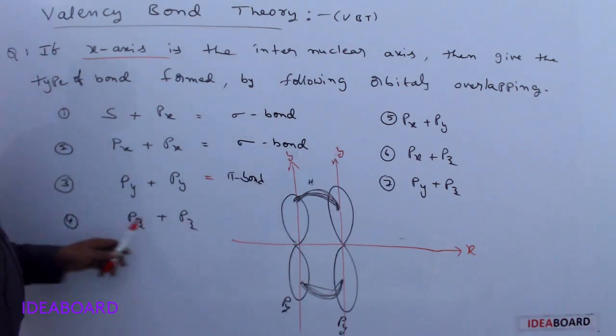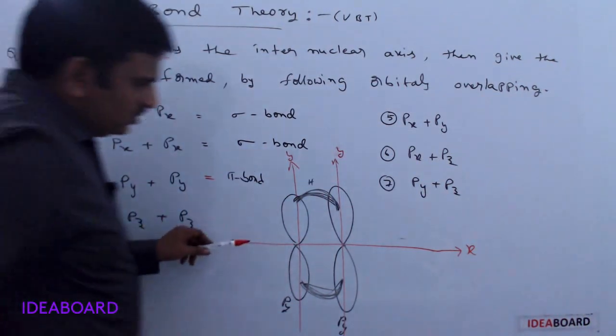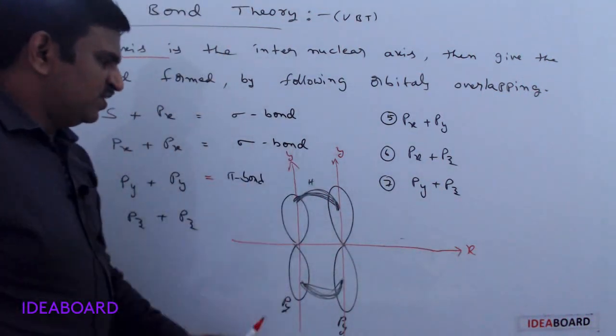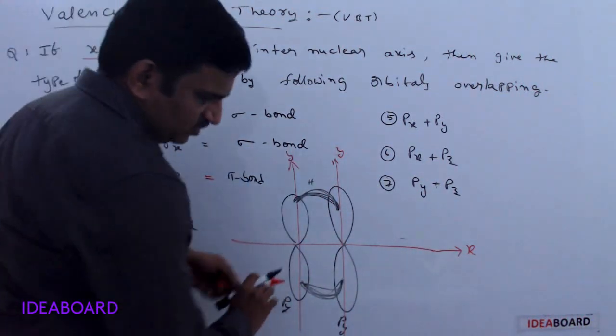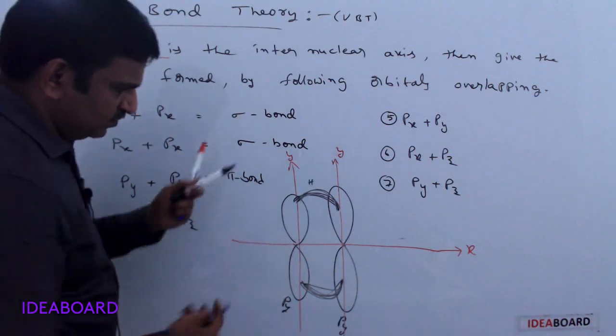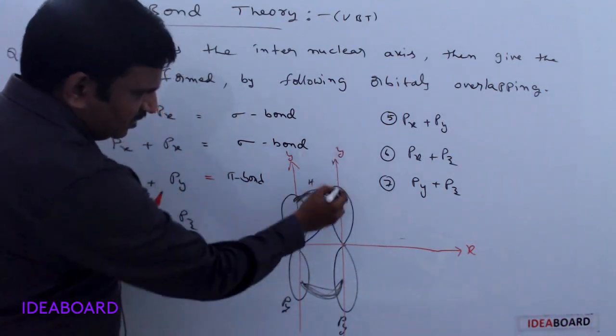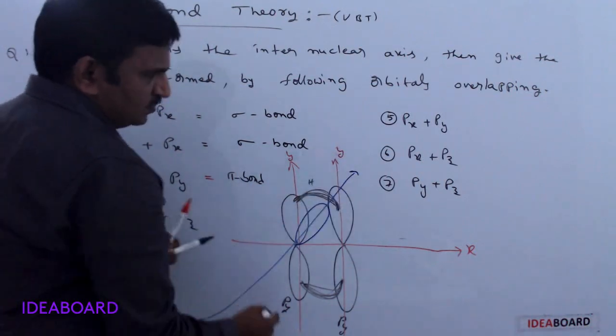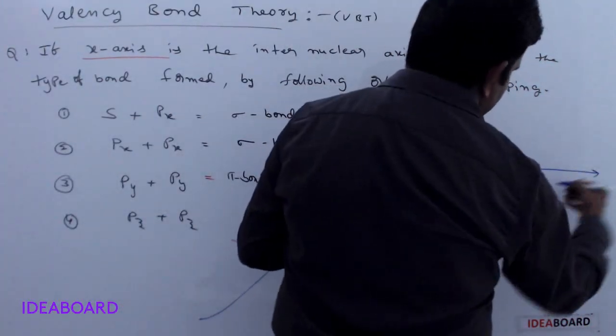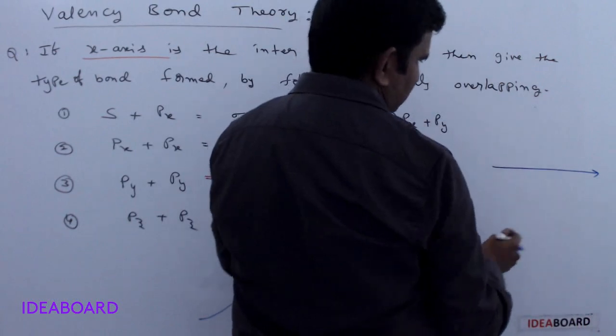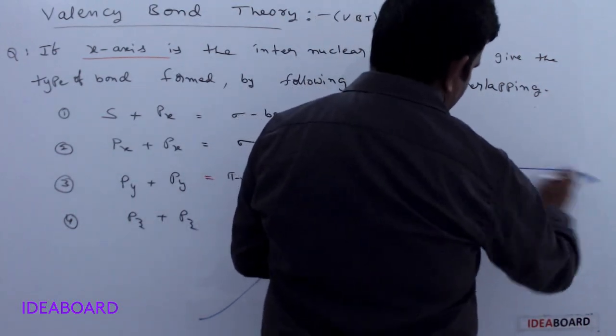And the same for pz also. For example, this is the x-axis and this is the y-axis, and I will write here this is the z-axis. I will write smaller.